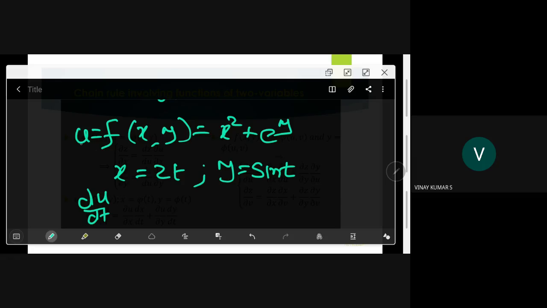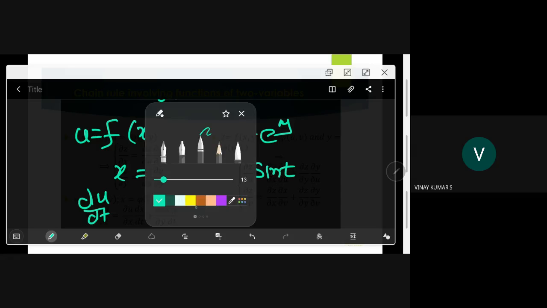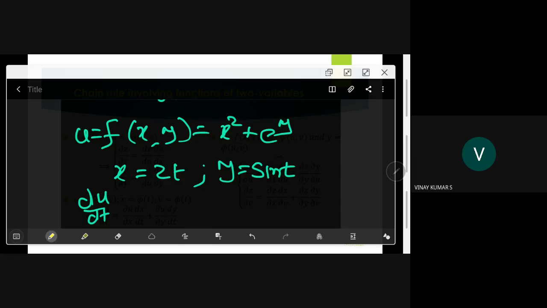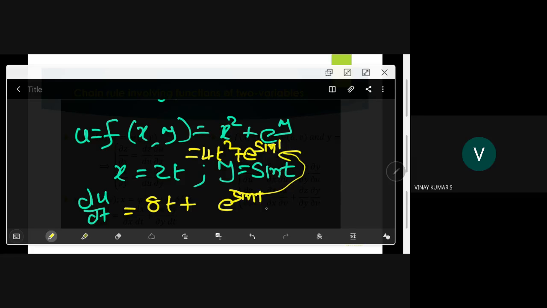One way is you are treating u as a function of x and y. Another way is you can treat u as a function of t only. So x² is (2t)², 4t², plus e^y, so e^(sin t). So if I ask you what is du/dt, you will get 8t plus e^(sin t), and for sin t the derivative is cos t.